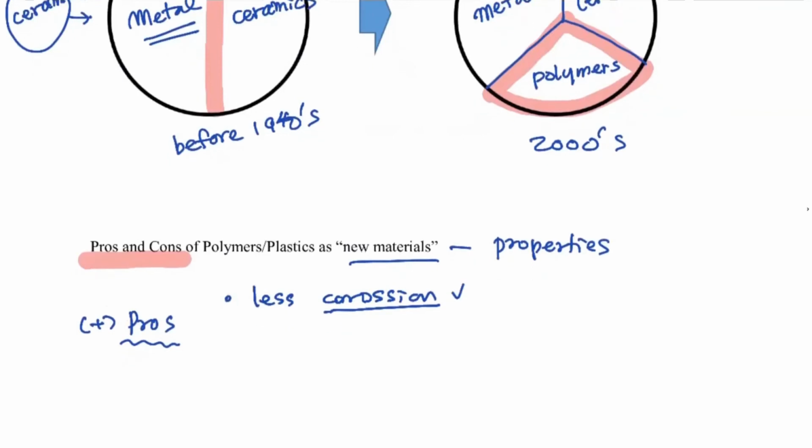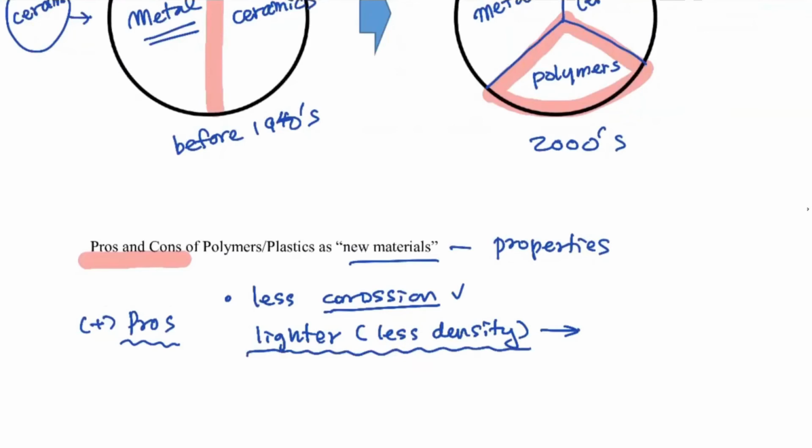Any others? Yes, somebody said lighter, right? Lighter material. This is a very big one, okay? Lighter, less dense. The new airplane, I think it's the Boeing 787 Dreamliner, the material is lighter, so that lighter airplane consumes less fuel, so it's more economic.